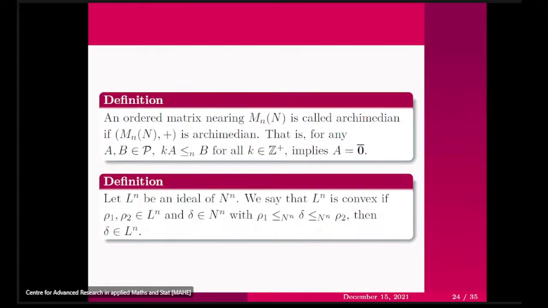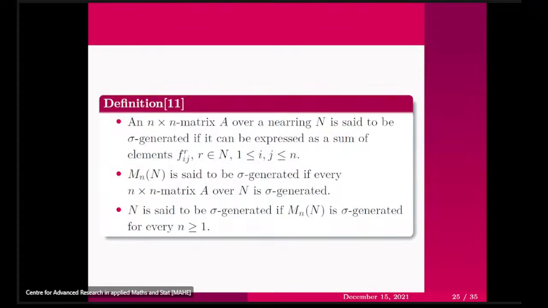An ordered matrix near-ring M_n(N) is called Archimedean if the additive group (M_n(N), +) is Archimedean, and L^n is convex in M^n if ρ1, ρ2 belong to L^n and δ belongs to M^n, but ρ1 ≤ δ ≤ ρ2, then δ belongs to L^n.